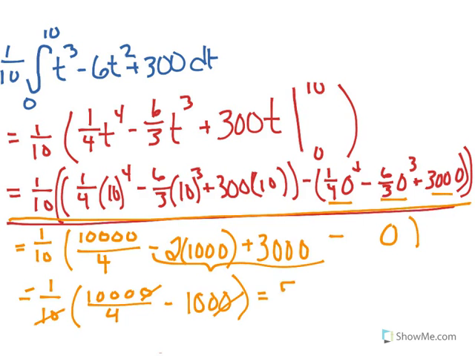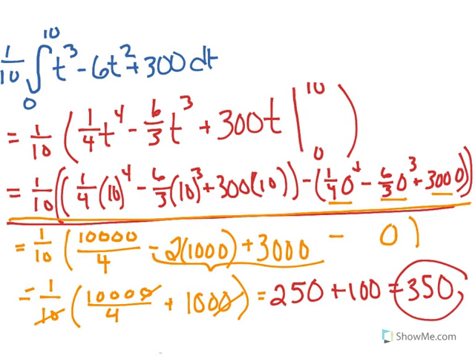Oop, I realize I had a quick sign issue right there. So 1,000 divided by 4 is 250, plus 100 equals 350. Once again, this doesn't need to be done. You can stop right there.